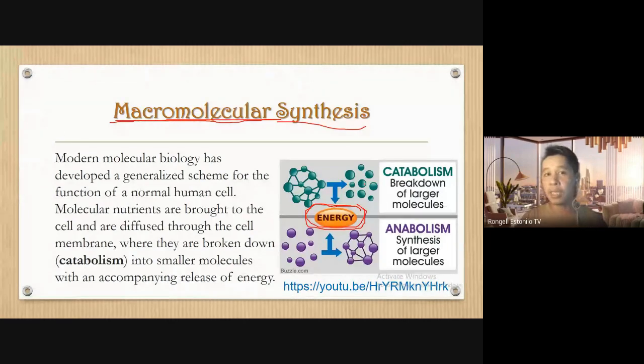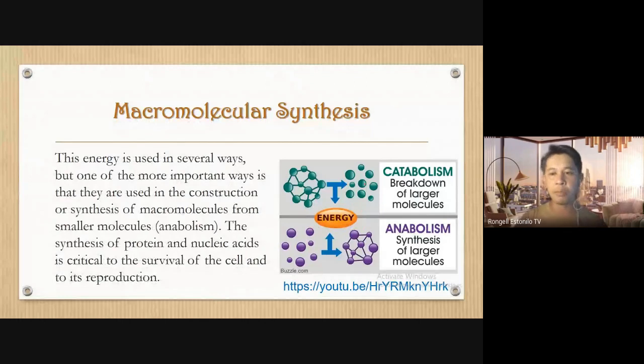Please remember this. That's the basic concept of protein synthesis. This energy is used in several ways, but the most important is in the construction or synthesis of macromolecules from smaller ones, and that is anabolism.